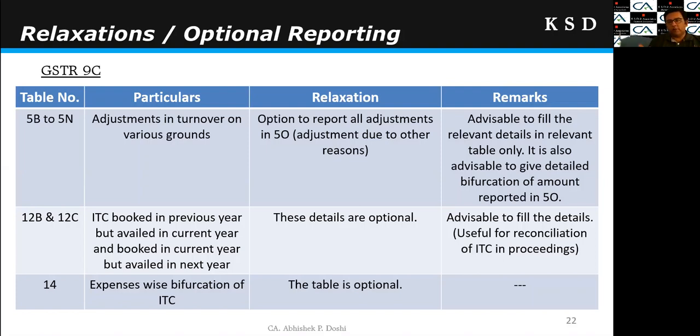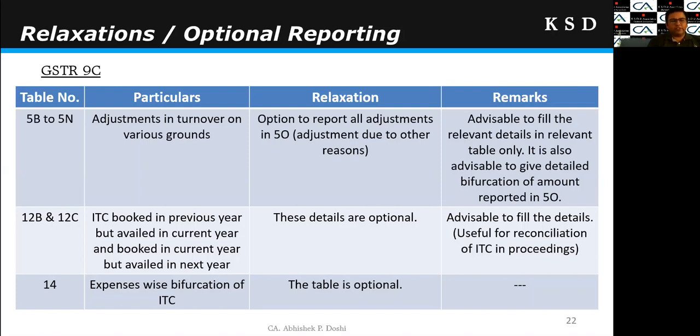So I need to report various amounts field-wise on 5B to 5N, but they have said that you can mention the entire difference in 5O itself, right? But our advice would be, it is strongly advisable that we should report each and every amount against each specific item, and if we are reflecting any item under 5O, then detailed bifurcation of 5O should also be given.